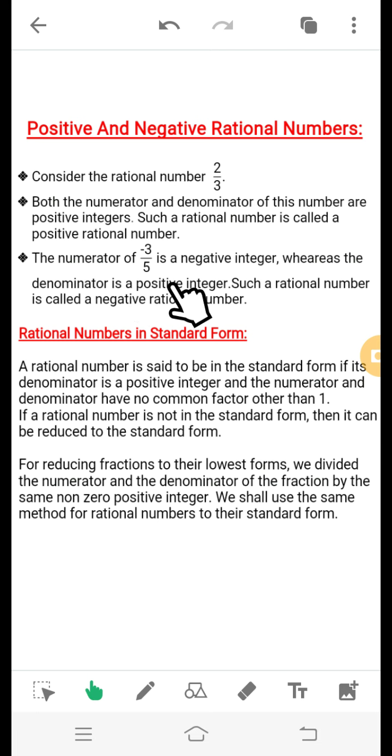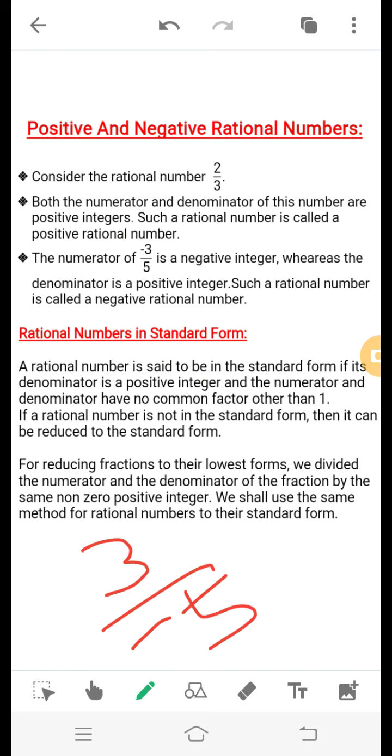Now take minus 3 upon 5. Here the numerator is negative and the denominator is positive, so we say it's a negative rational number. Similarly, if the denominator is negative and the numerator is positive, we also say it's a negative rational number.